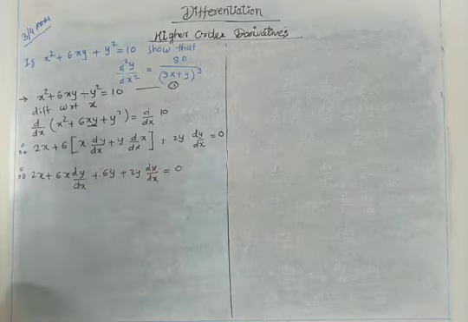Therefore dy by dx is equal to minus, common out 2, (x plus 3y) upon (3x plus y) after cancelling. Now 2 is a common value, we can easily cancel from numerator and denominator. So we will get minus (x plus 3y) upon (3x plus y).